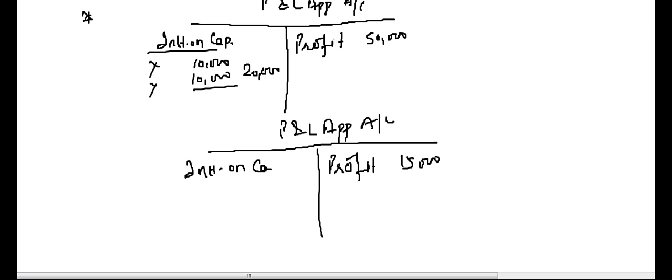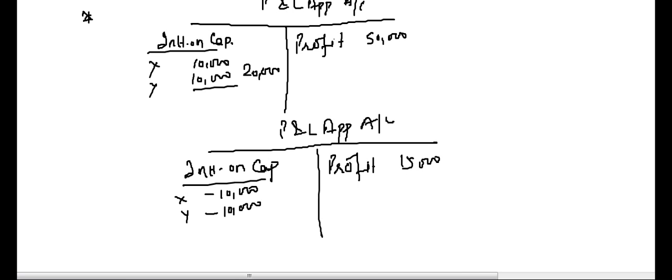Clear? Now take a second case. We are preparing a profit and loss appropriation account. We have a profit of say 15,000 and interest on capital X 10,000 and Y 10,000.